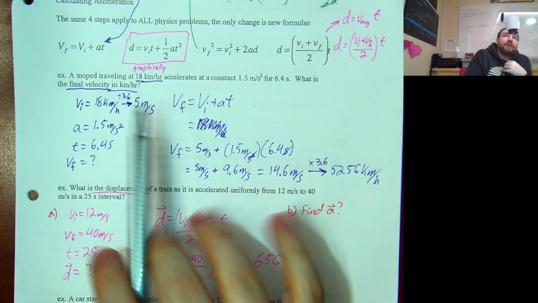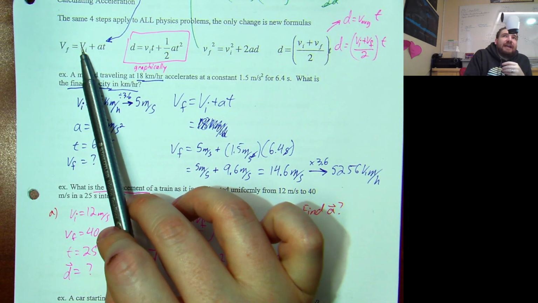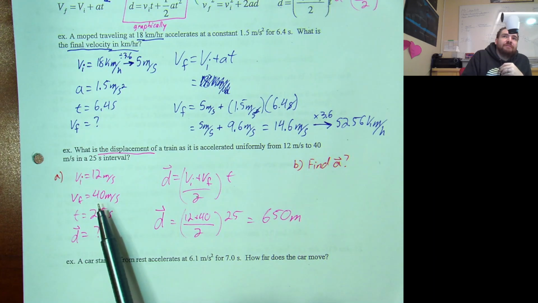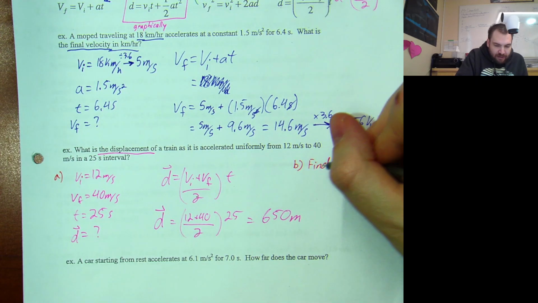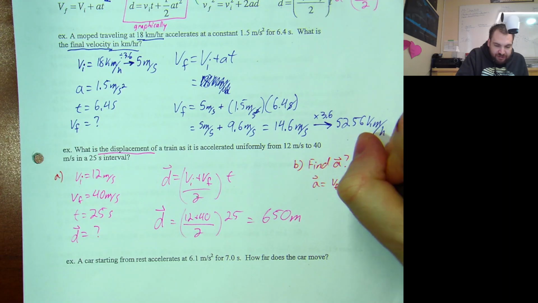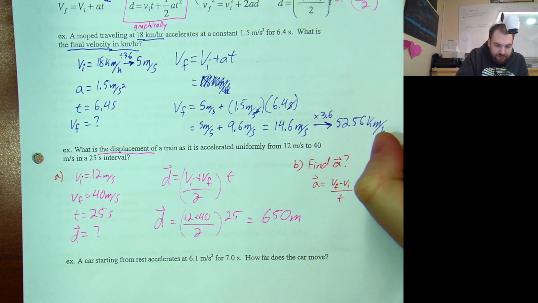Oh, so you're using this one up here? I've got a VF, a VI, and a T. So what you're using are the three that we were given here? Sure, we could do it that way. Acceleration equals the change in our velocity divided by how long it took to do that.